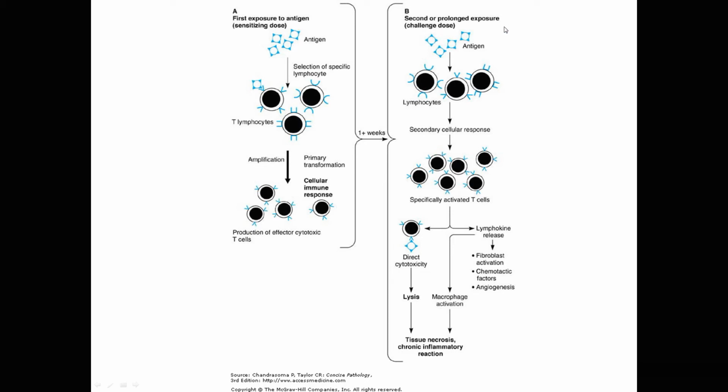During prolonged or repeated exposure, lymphocytes will be activated and recruited to release lymphokines, to exert direct cytotoxicity and lysis of the cells attacked, thus causing tissue necrosis and a chronic inflammatory reaction. The inflammation especially is potentiated by macrophage activation by the lymphokines released from the activated T cells.